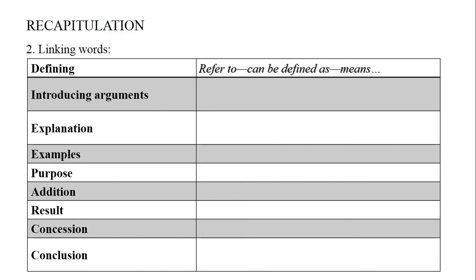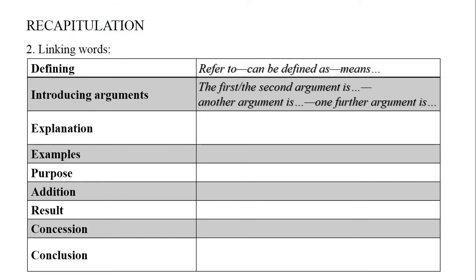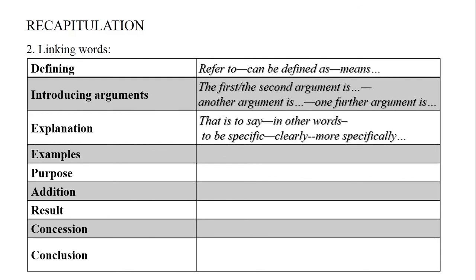Okay, for introducing arguments, we have seen, yes, excellent, the first or the second argument is, another argument is, one further argument is. And for explanation, what do you use to explain? Yes, very good. We use that is to say, in other words, to be specific, clearly, more specifically, etc. For giving examples, excellent, for example, and for instance. Yes, just remember these 2 ones.